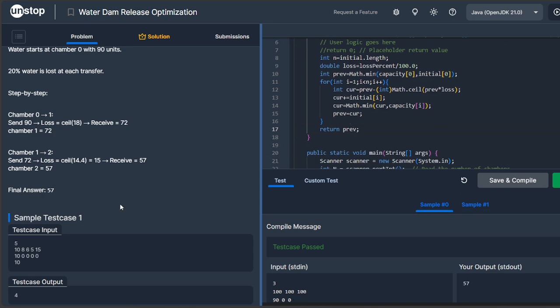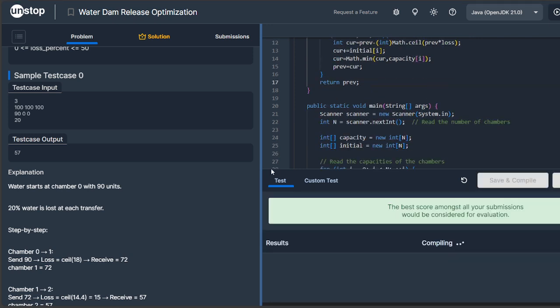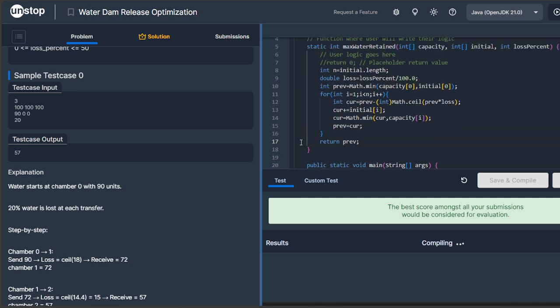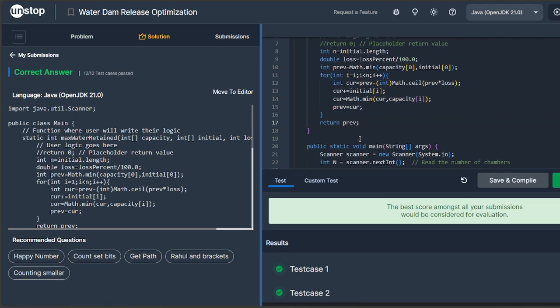So possibly test cases. Let's try to submit. It doesn't give the correct answer. So this is the approach that we need to follow for this problem. So thank you.